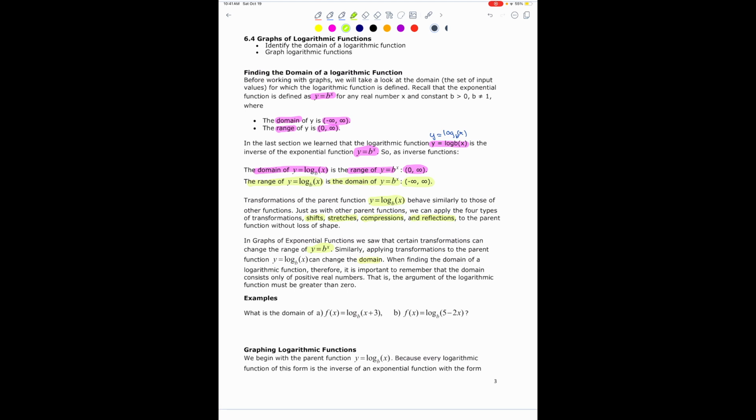When finding the domain of the logarithmic function, therefore, it is important to remember that the domain consists only of positive real numbers. That is, the argument of the logarithmic function must be greater than 0. So we agree that the argument, basically the x value here, must be greater than 0. Let's look at some examples to find the domain of the logarithmic function.